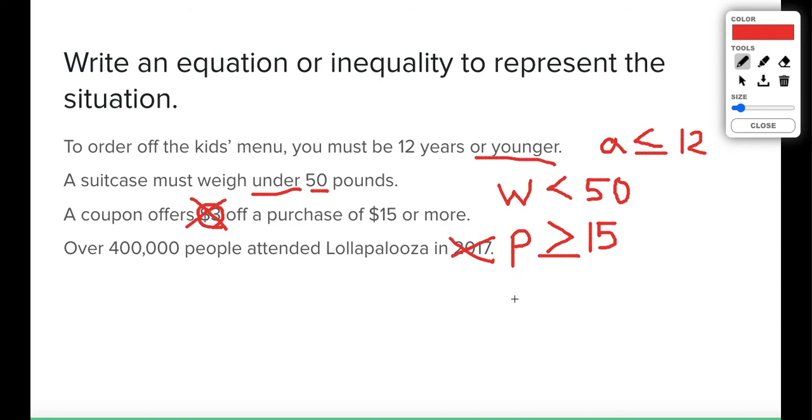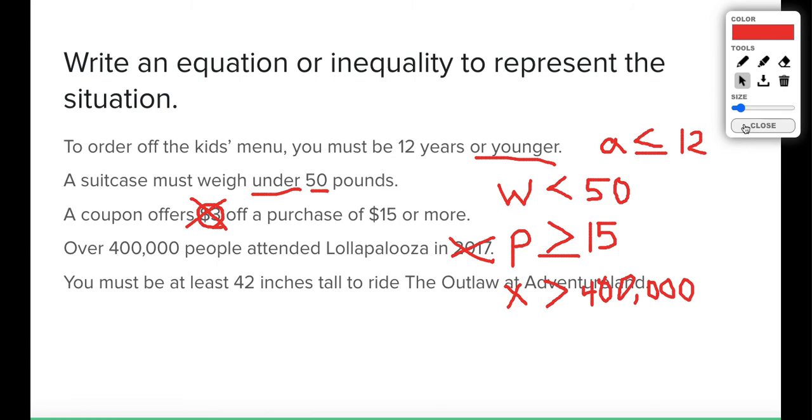What we do want to say is Lollapalooza, I'm just going to use X for that since L can kind of look like a 1, a lowercase l. And then the number they want us to include is 400,000. So if I'm thinking about X being the number of people at Lollapalooza, that's going to be over the 400,000. So X should be greater than 400,000 people.